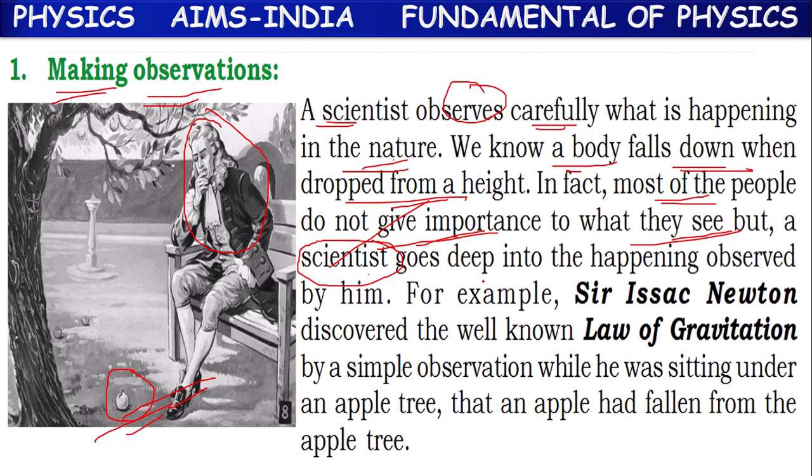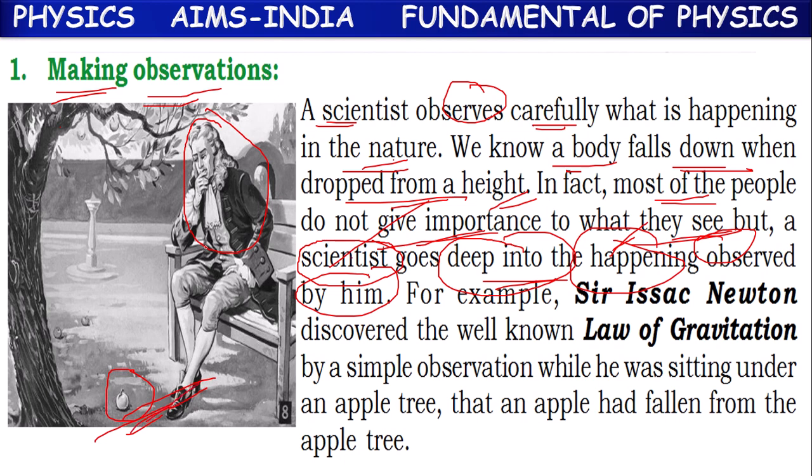He will go deep into the happening observed by him. It may be a normal thing or any kind of thing, but he will go deep into it. Unlike normal people who won't give any importance, the scientist will give importance to each and every small thing.